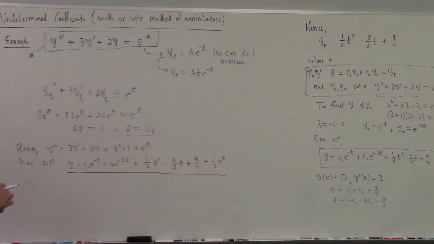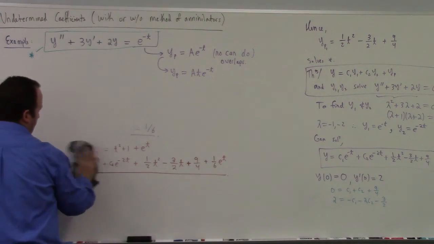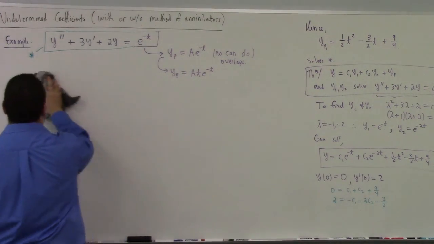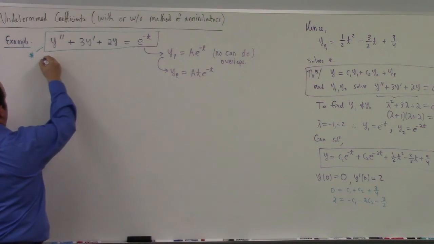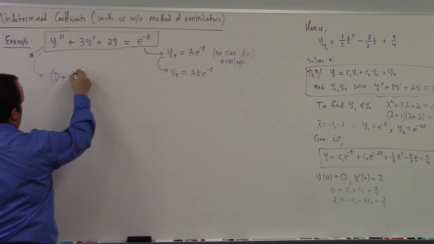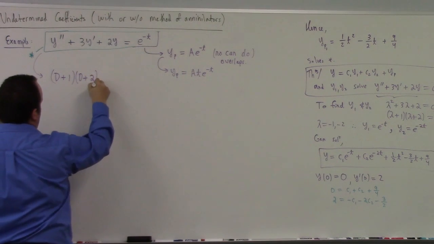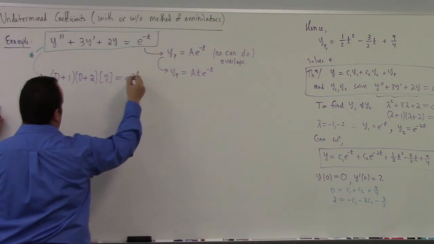All right. Now that's exactly the same thing that would be suggested to us by the annihilator method, right? So let me just show you that. Like this, of course, it translates to (D+1)(D+2) acting on y equals e^(-t), right?